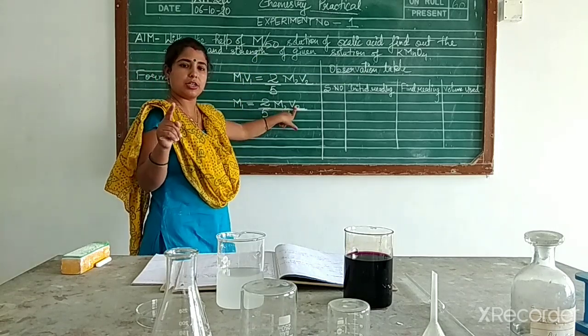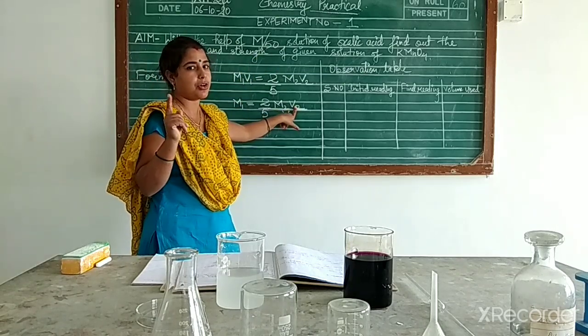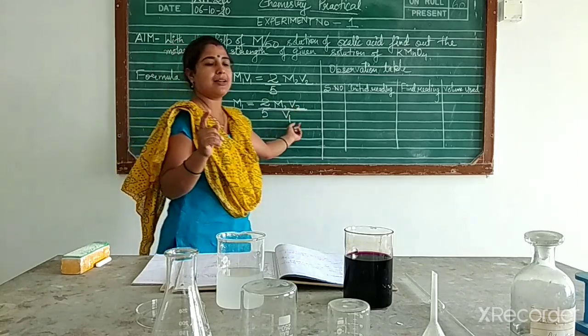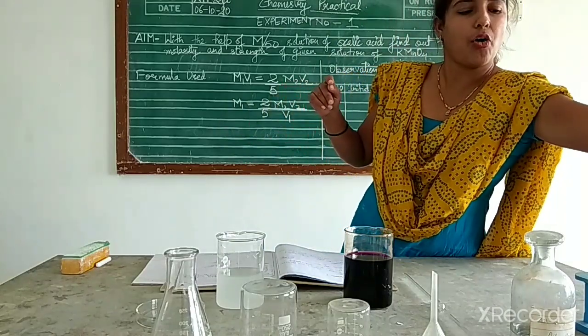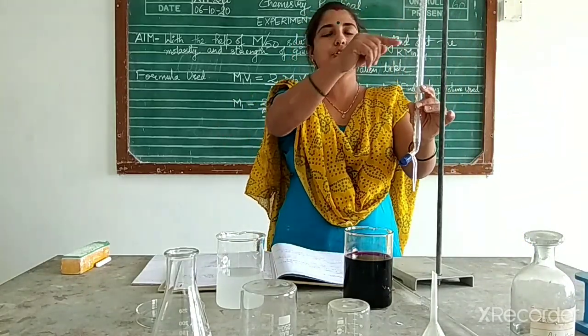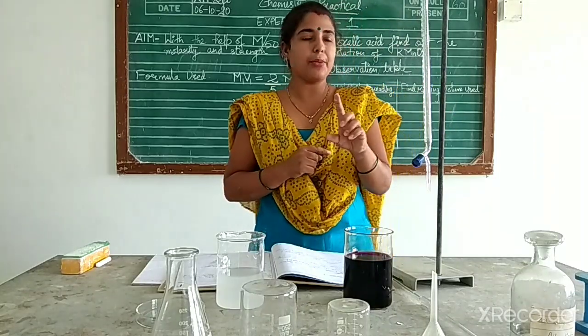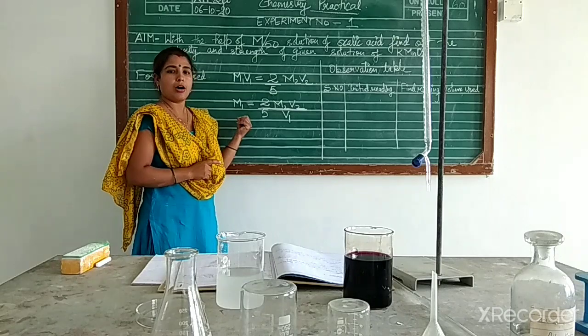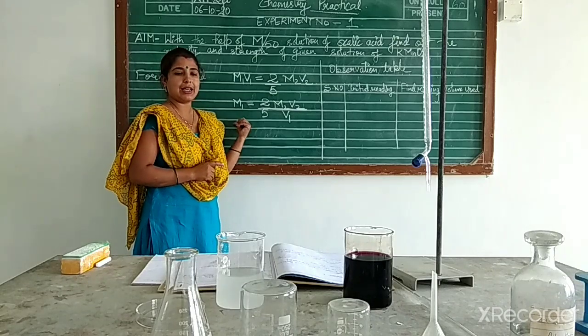V2 is the quantity of oxalic acid that will be used for each titration, that will be 20 ml. V1 we will get from the reading of this burette. When we do the titration, this burette will show some reading. That will be the value of V1. We will put the value here and we will get the value of molarity.